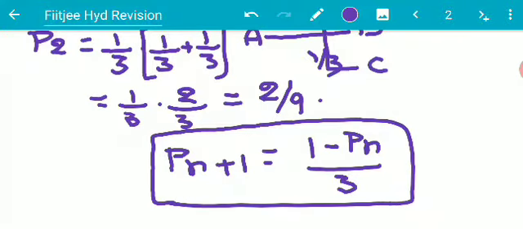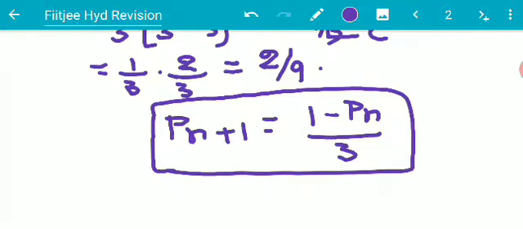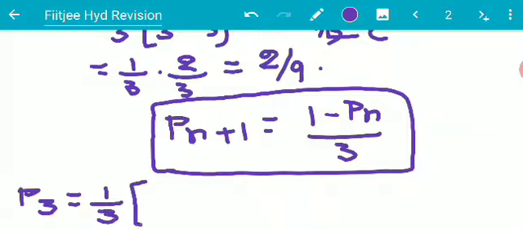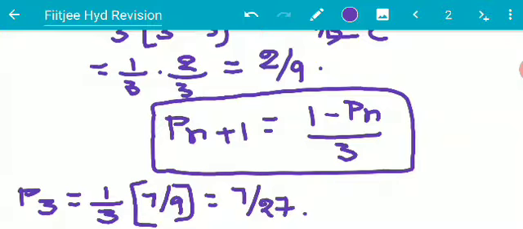So our requirement is calculating P7. For calculating P7, P6 is required, so let me do it. What is P3? 1 by 3 you have to keep outside, 1 minus 2 by 9, that is 7 by 9, which is 7 by 27.